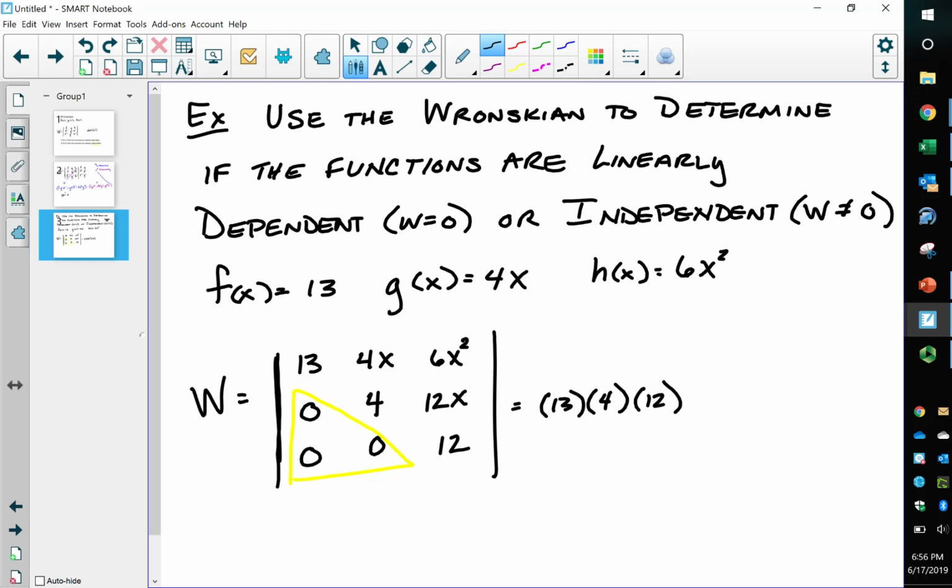Every other diagonal we could create would have a 0 in it at this point. And when we multiply those together, 13 times 4 times 12, we're going to get 624, which is not 0. So if the determinant is not 0, it's linearly independent. Okay, I hope that helps.